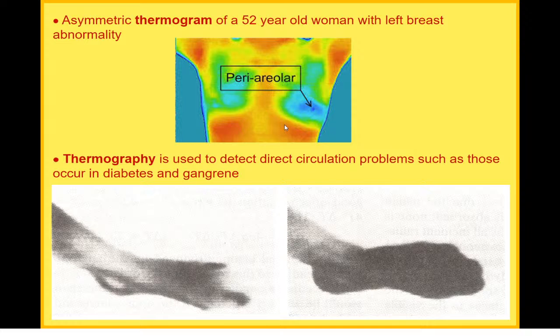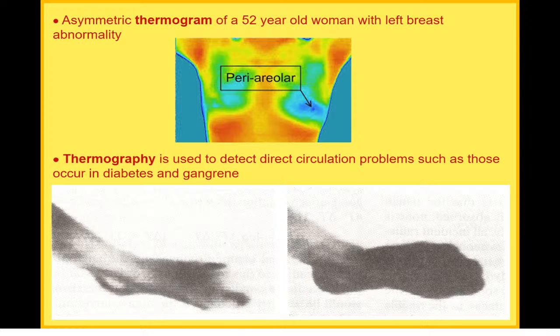You can see this fragment that shows an area of more intense radiation, and this more intense radiation reveals an intense metabolic process that shouldn't be at this place.